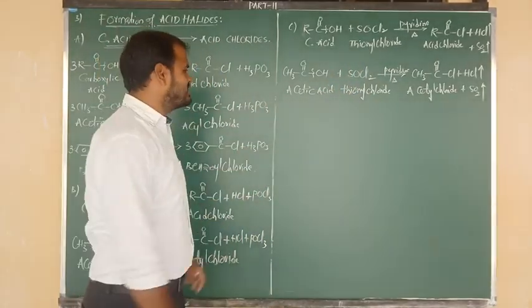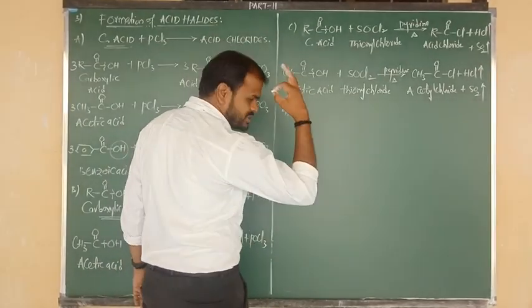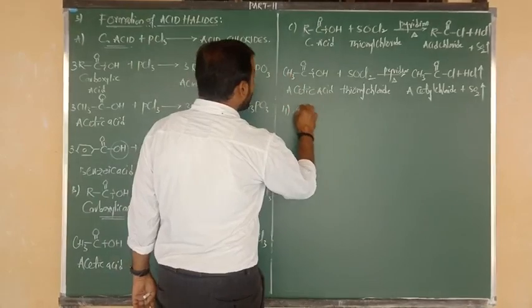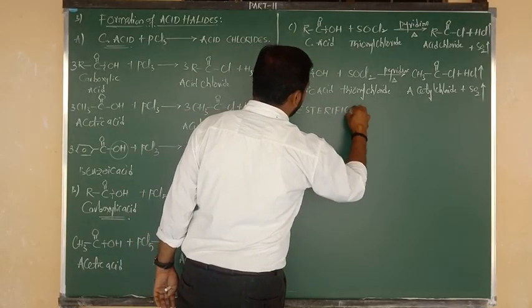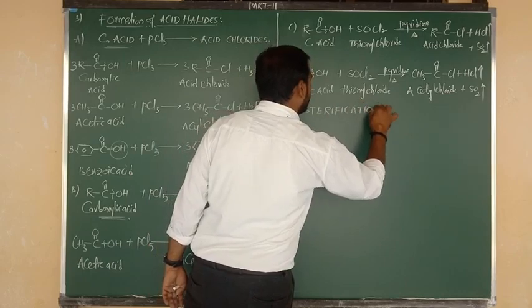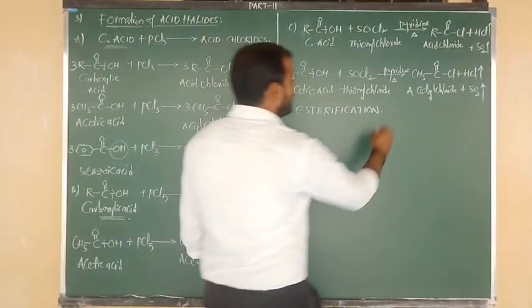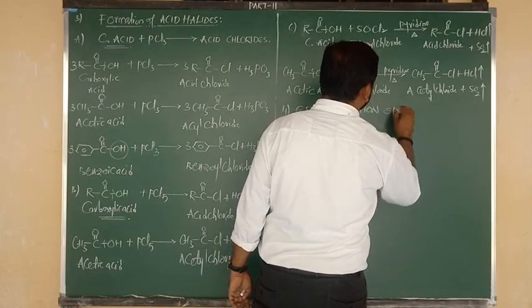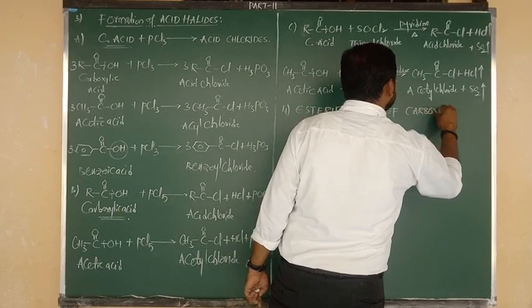So very important fourth reaction is the formation of esters. Formation of ester means the name of the reaction is called esterification. What we can say, beta? Esterification of carboxylic acids.